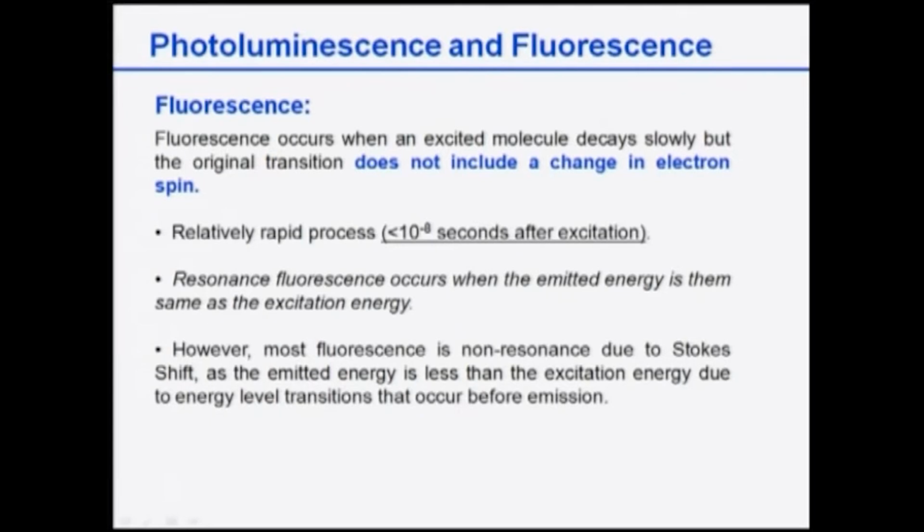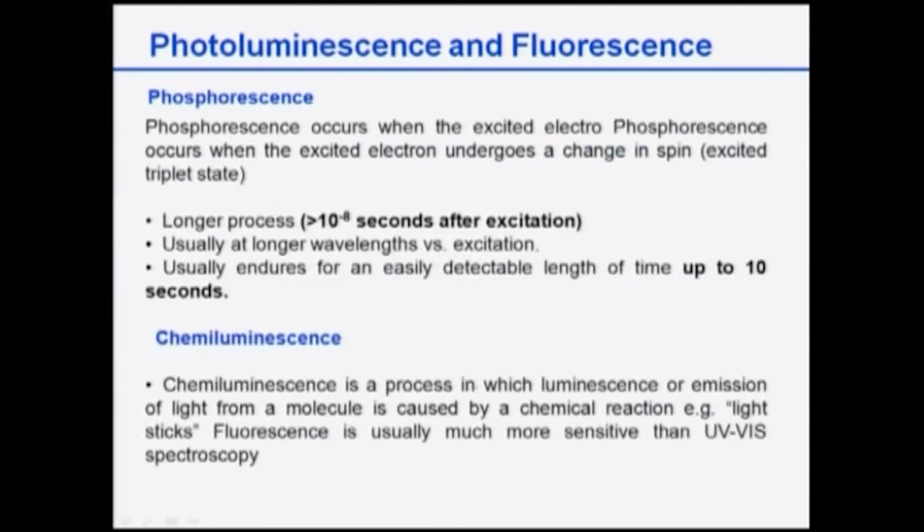However, fluorescence is non-resonant due to the Stokes shift, which we will discuss, as the emitted energy is always less than the excitation energy, due to the energy level transition that occurs before the emission. Phosphorescence occurs when the excited electron undergoes a change in spin. We will see what this change in spin is. It is a longer process, with longer wavelengths, and usually endures for an easily detectable length of time, up to 10 seconds.